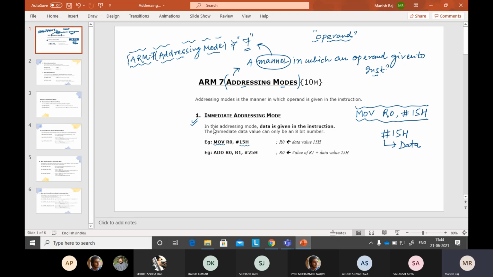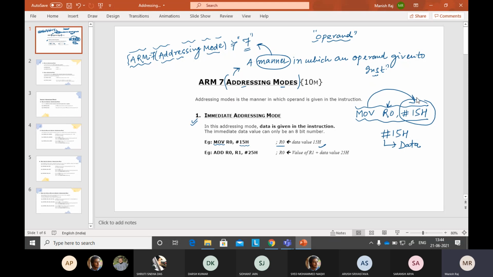So in this addressing mode, data is given directly to the instruction. What is the meaning of that? MOV R0, #15H. So you are moving the data 15H to the R0 register. The R0 is taking the value of 15H.